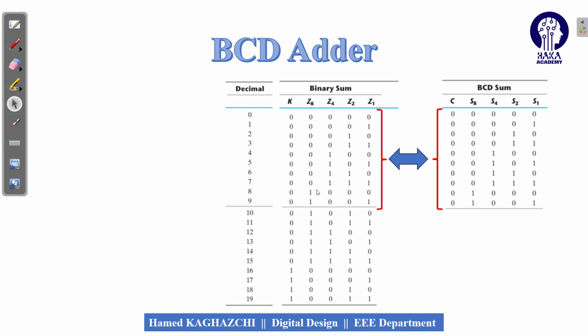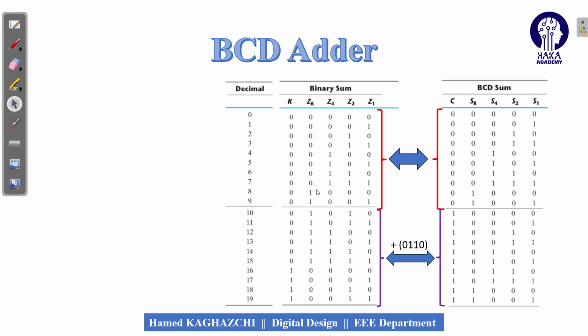But when our addition is more than 9, it means that it is between 10 up to 19, we have to add 6 to these numbers to find the result. We apply everything like the theory that we have learned in the BCD addition in the truth table.